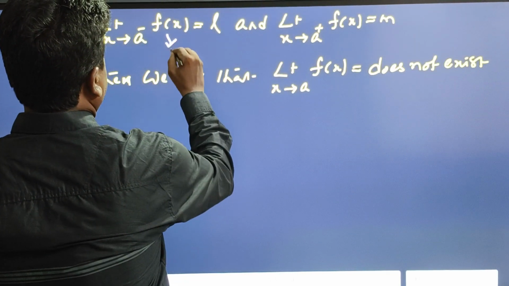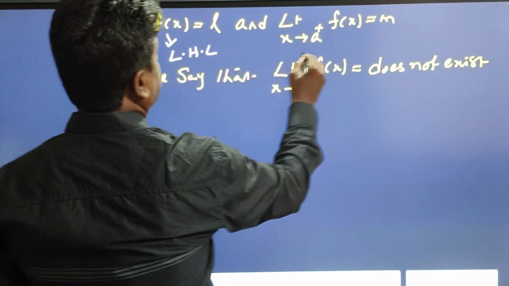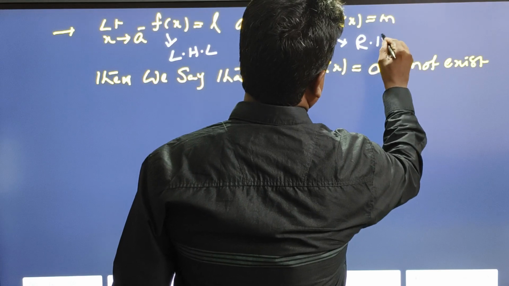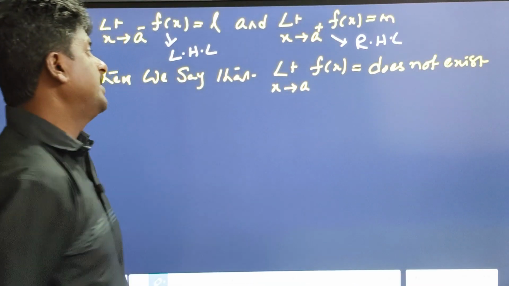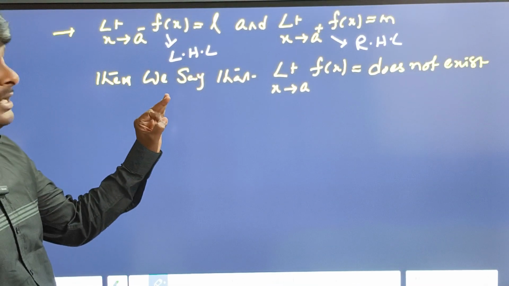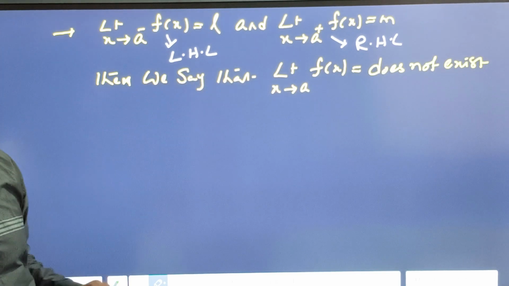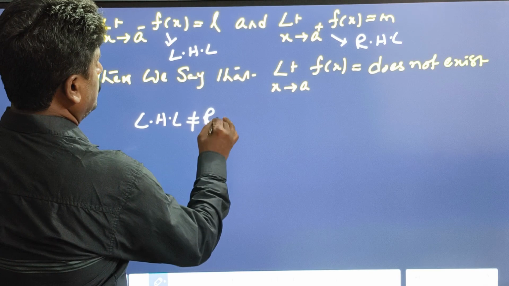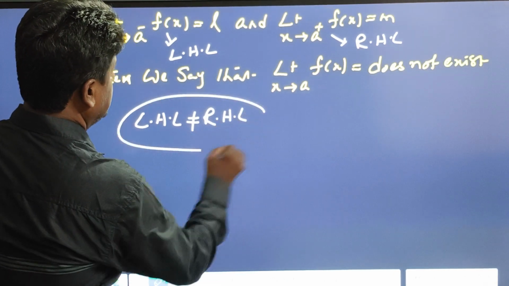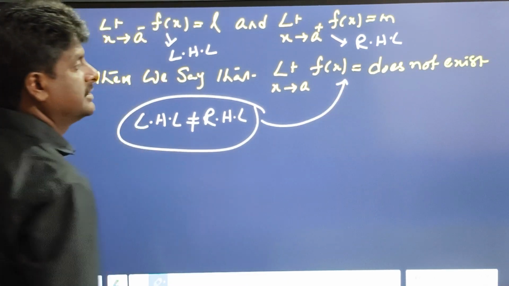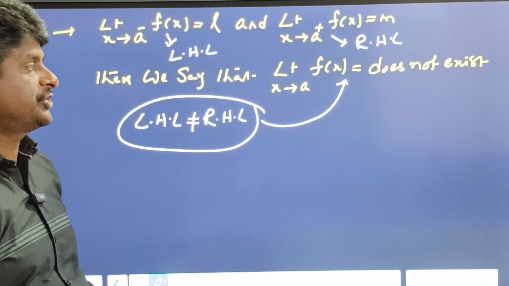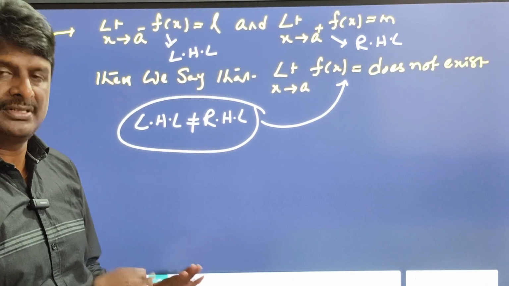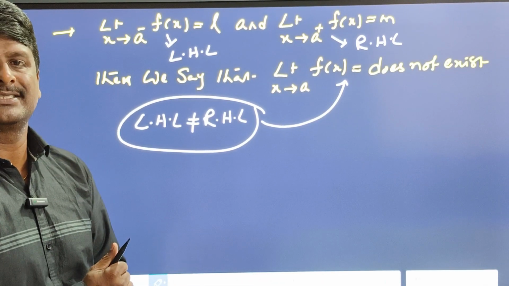So this is the left hand limit, this is the right hand limit. Whenever the left hand limit is not equal to the right hand limit, in that case we say that the limit of a function at a particular point does not exist.